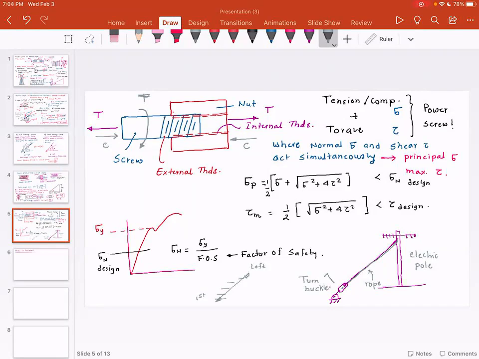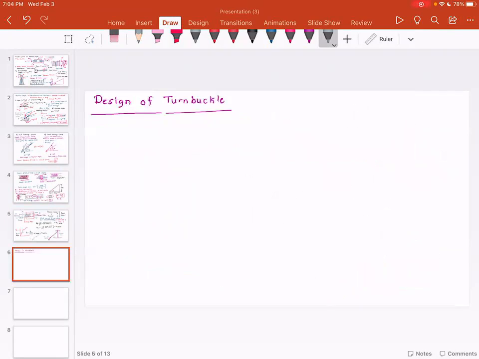So you will see numerous applications of turnbuckles. If you look at a car, turnbuckles are used at different locations just to maintain the distance and to transfer tension and compression loads.